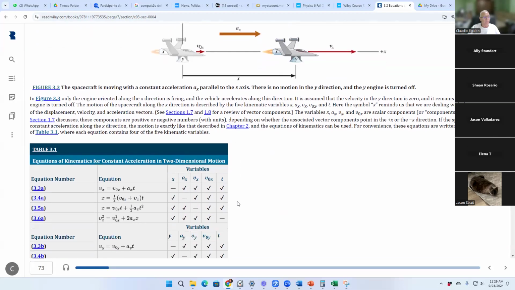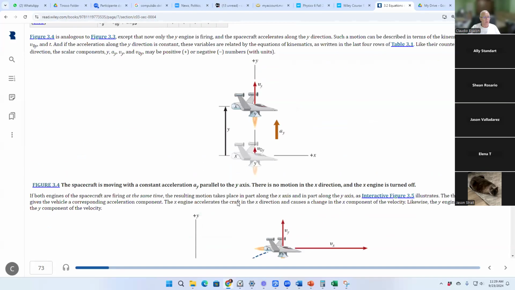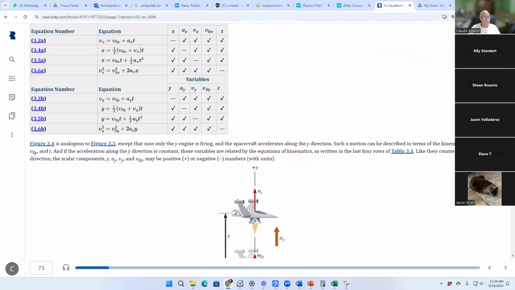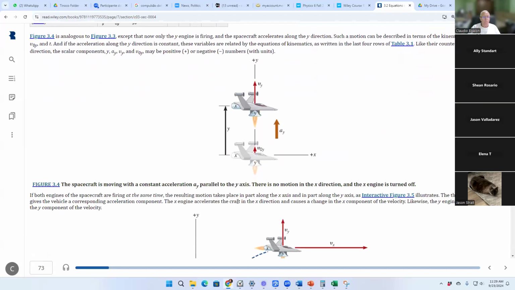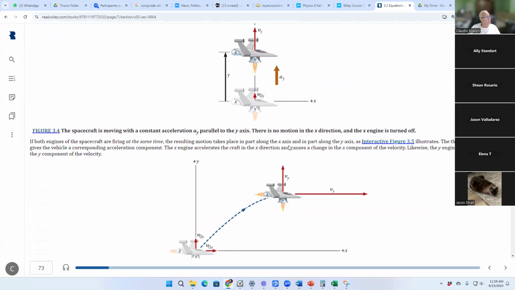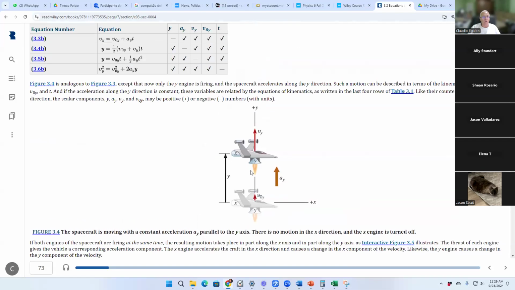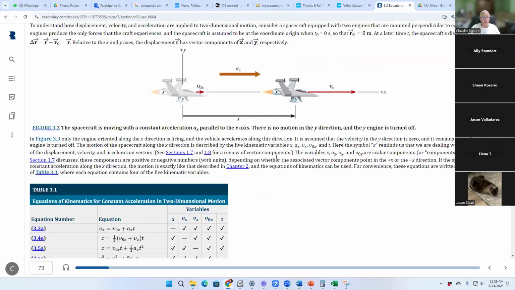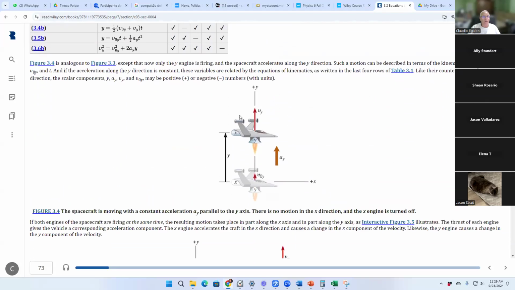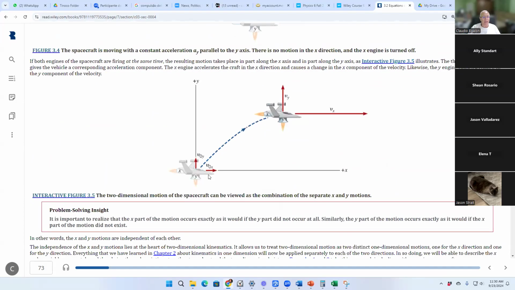Okay? Here's another motion along the y direction. And now if you combine the motion along the x direction with the motion along the y direction of this spacecraft, then you have the path that you see right in here.